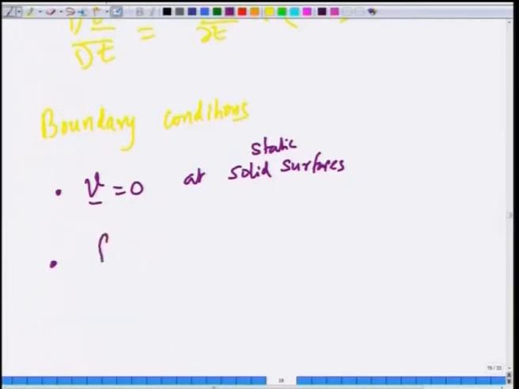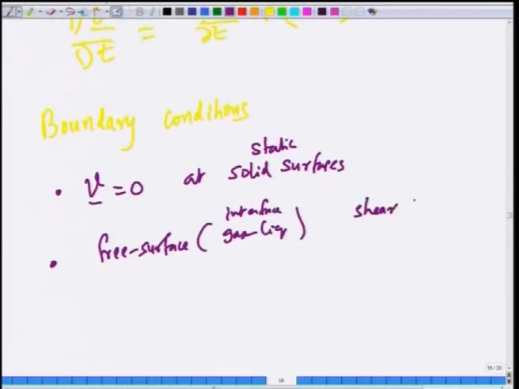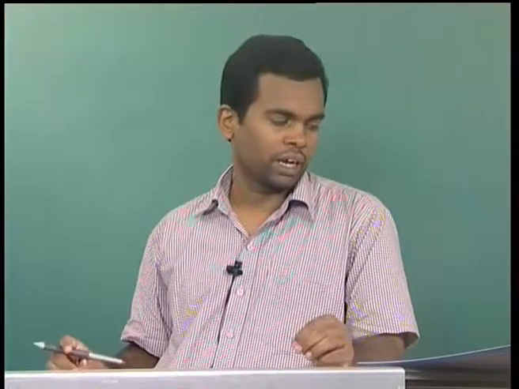And at a free surface, a gas liquid interface, the shear stress being 0 is another type of condition, because gases typically have viscosity of the order of 100 times smaller than the liquid viscosity. So, the shear stress exerted by the gas on the liquid at the interface has to be very small. So, we can neglect it.